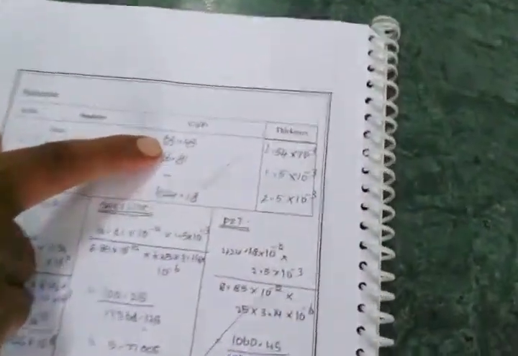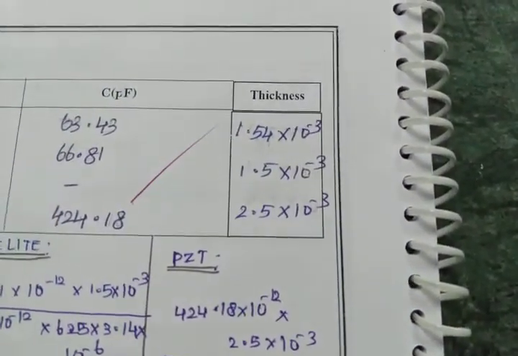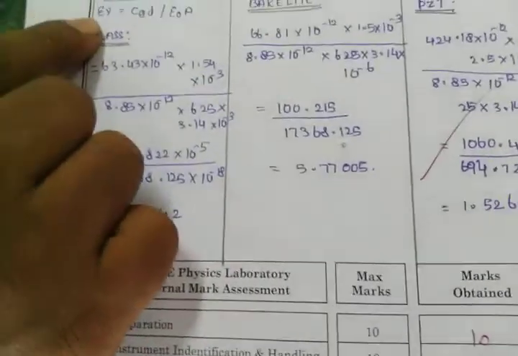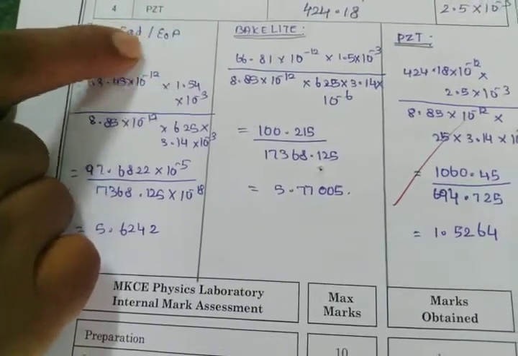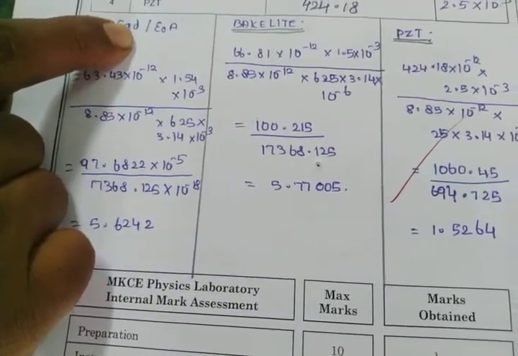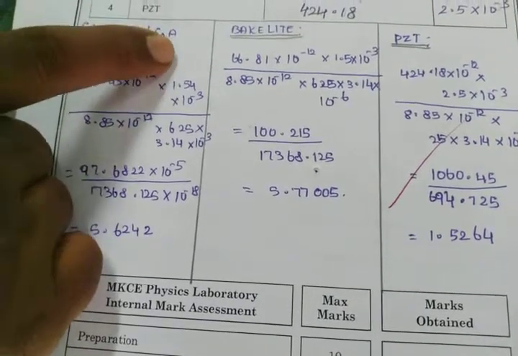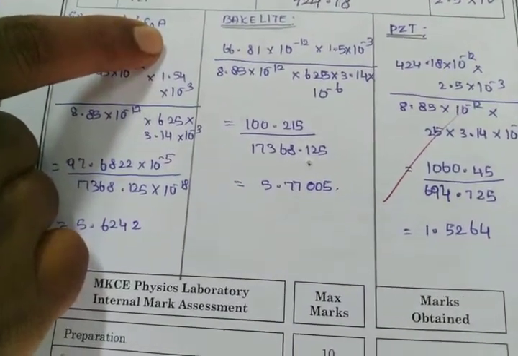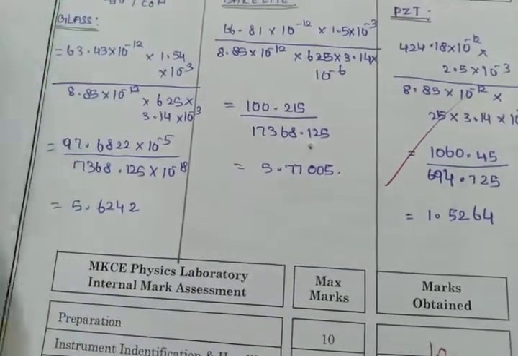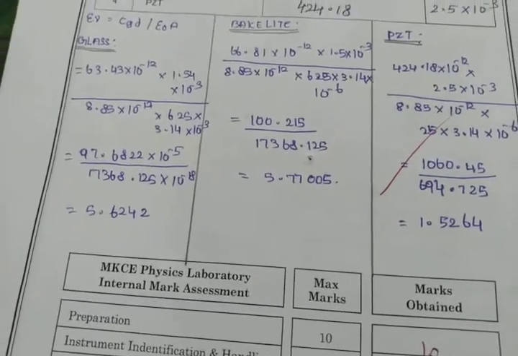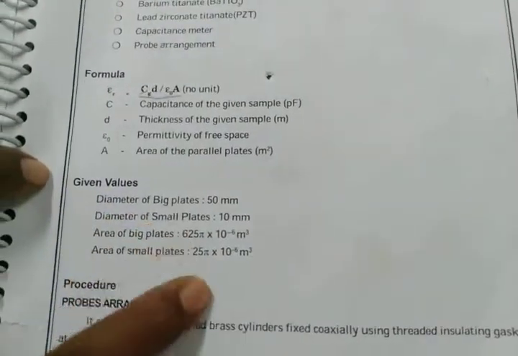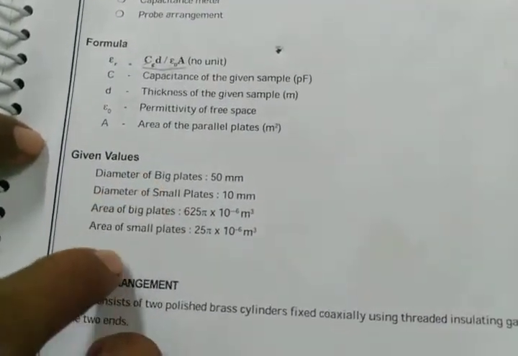I have noted down all the readings here, and I am going to use the formula epsilon R is equal to C D divided by epsilon naught A. Here D is the thickness, and A is the area of the sample. In our laboratory we have only these three dielectric samples, whose values are constant. Here you can see the diameter of the big plates and the small plates.